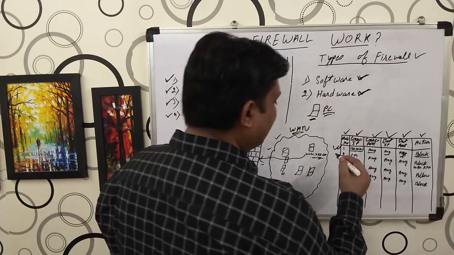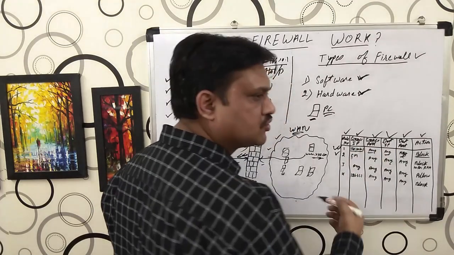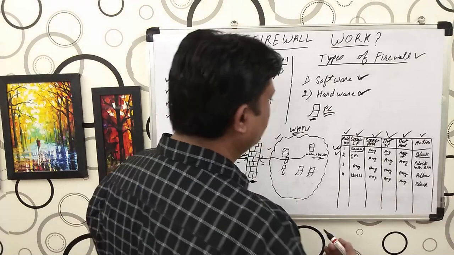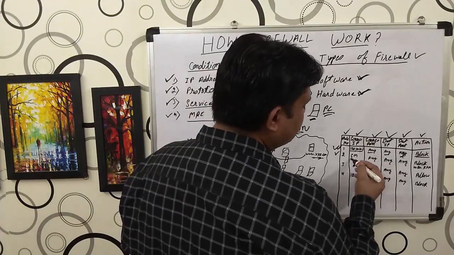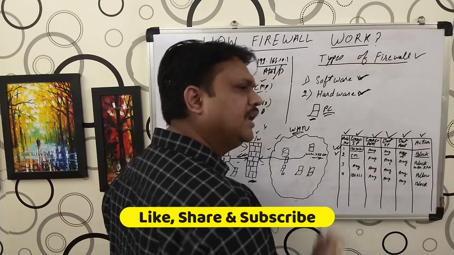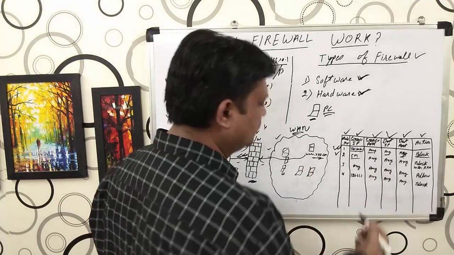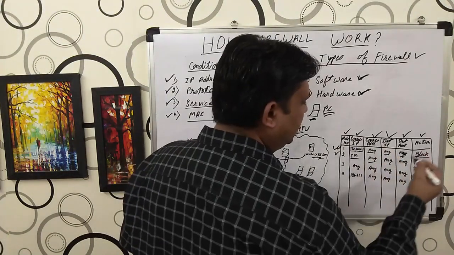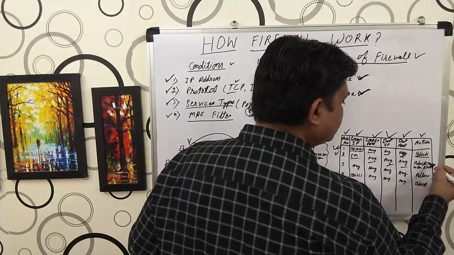The second condition says SM, meaning social media, because you can do content filtering in firewall systems. So if any packet is carrying social media information, source port any, destination any, and destination port any, the action is block.